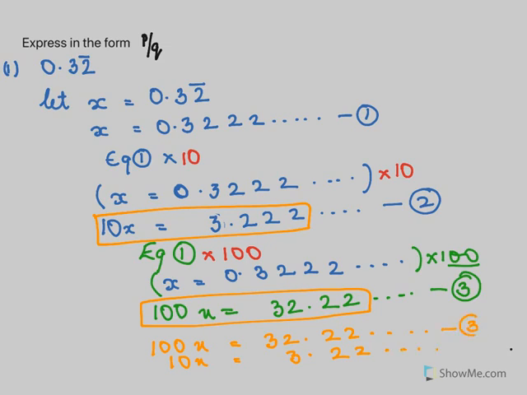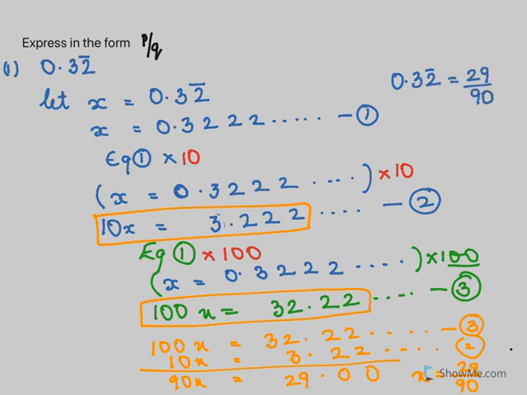This is equation 3, equation 2, and on subtracting you'll get 90x equal to 29. So the x will now be 29 over 90. So to go back to the sum, we had 0.32 bar is equal to 29 over 90.